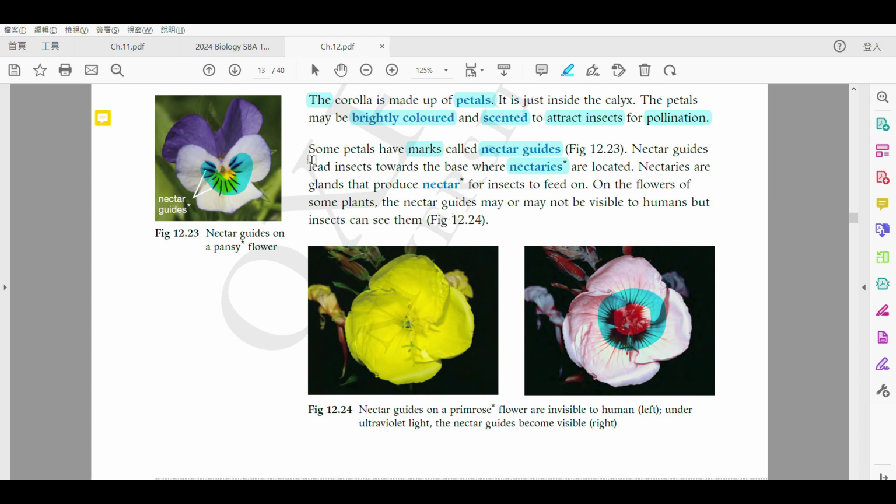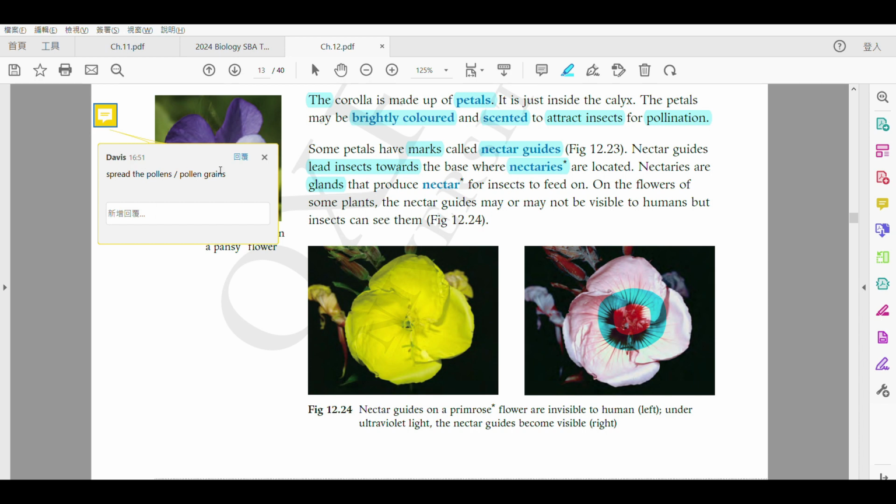So what are nectaries? Earlier, I've taught you this word: glands. Glands means 腺體.